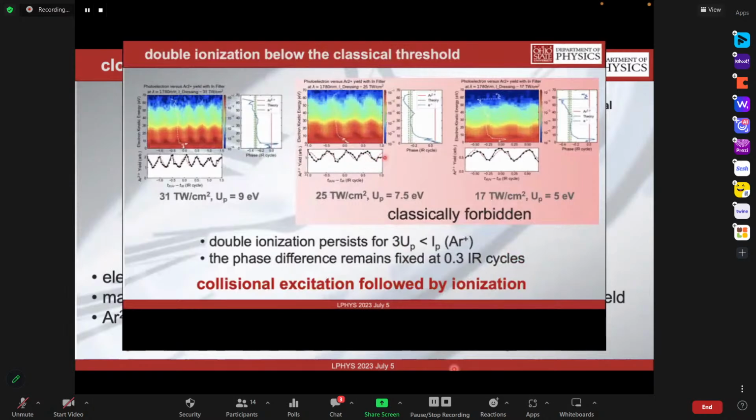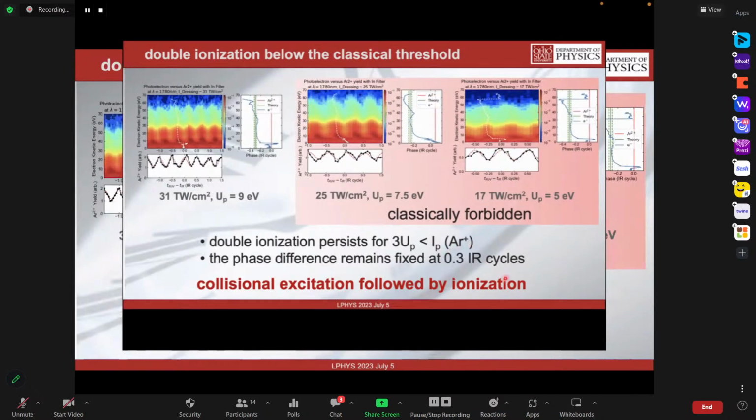As we drop the intensity below the condition where 3Up is equal to or less than that of the argon plus binding energy, we continue to see the production of argon 2 plus. So the phase difference that we observed in this experiment remains at around 0.3 mid-IR cycles. And what this suggests, in fact, that we can model, is that what's happening here is collisional excitation of the argon ion followed by ionization by the mid-infrared field.